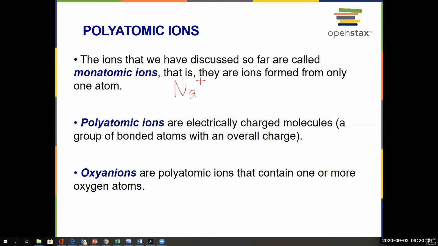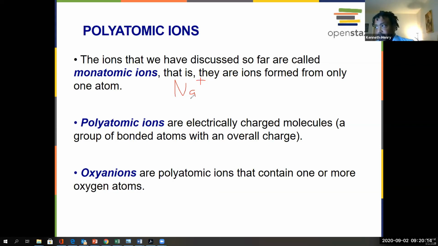A polyatomic ion is an ion that has a charge for the entire molecule. So you usually have a covalent molecule that has a charge associated with it. For instance, we have sulfate.